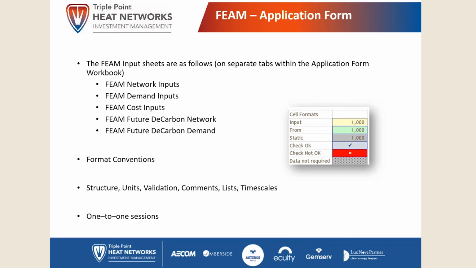So the future decarbonisation network, what we're saying here is you put in an initial generation technology, say gas CHP, it's increasingly unlikely that it will be for current applications, but say it was gas CHP, and you say in 15 years time we're going to replace it with something more carbon efficient, you might choose an air source heat pump or something, and then you would say this technology index is the number in the FEAM network input sheets. It's the technology type number.